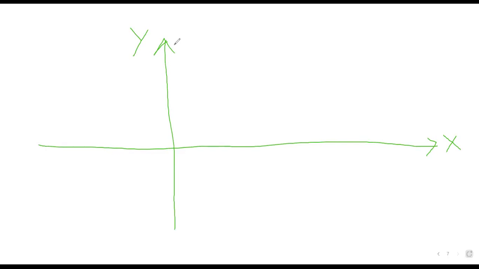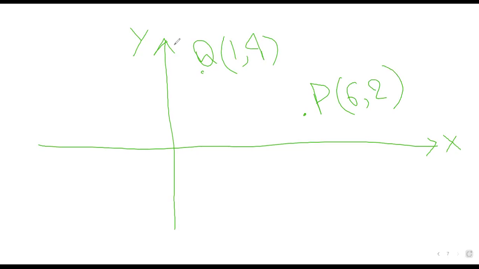One is Q, that is somewhere over here. Are you looking at my screen? Then it will be very easy for you. And the next one is somewhere here, that is the P point, and that is 6 and 2. So these 2 points are given.